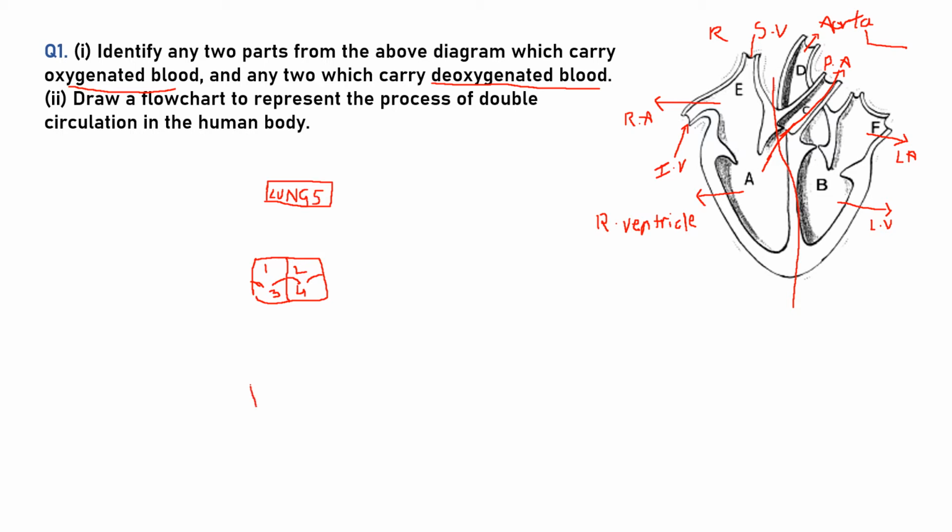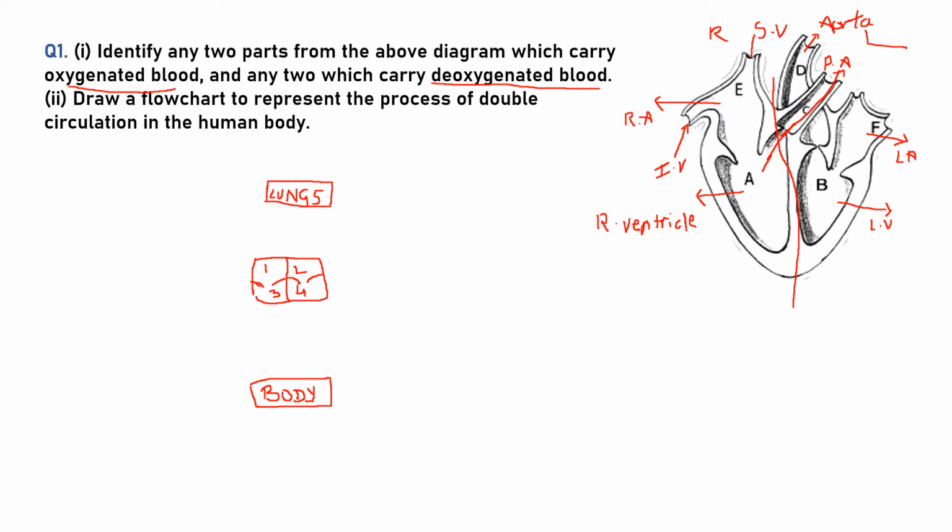You just have to draw a flow chart, so you don't have to draw a body, and neither do you have to draw lungs over here. You just have to write it in a box, in a better manner. Fine.